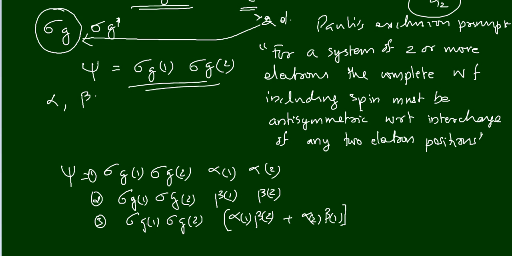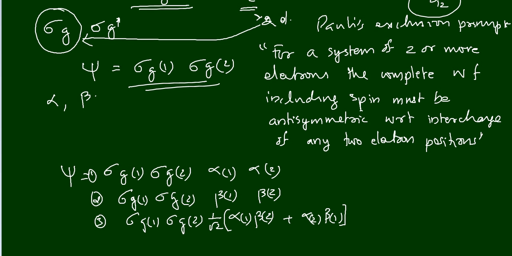These will explain the spin state, and there is a normalization factor for this, that is 1 divided by root 2. So that is the third possibility: sigma g1 sigma g2 times 1 by root 2, alpha 1 beta 2 plus alpha 2 beta 1.